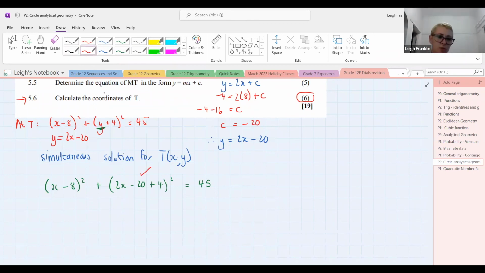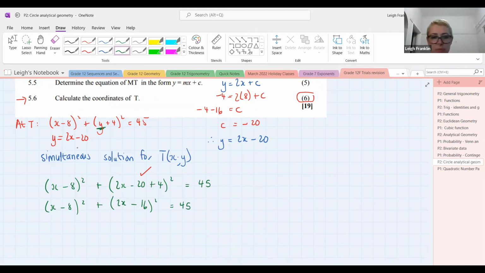Now I want to collect together my like terms and then square my binomial. So here I've got (x minus 8) squared plus, here I've got 2x, and negative 20 plus 4 gives me negative 16, squared is equal to 45.